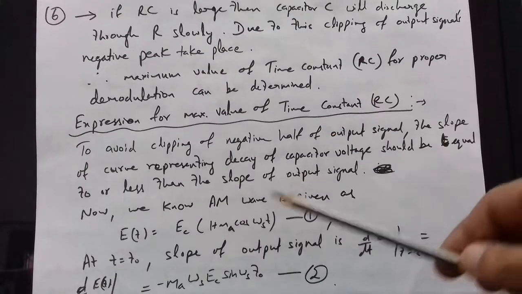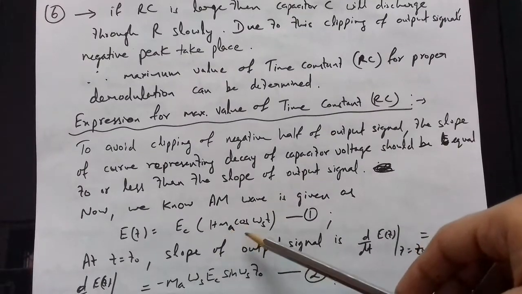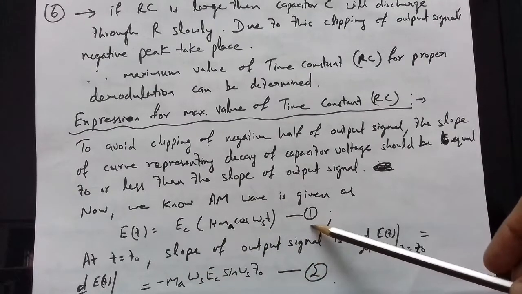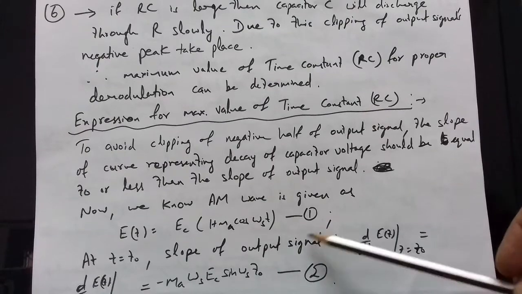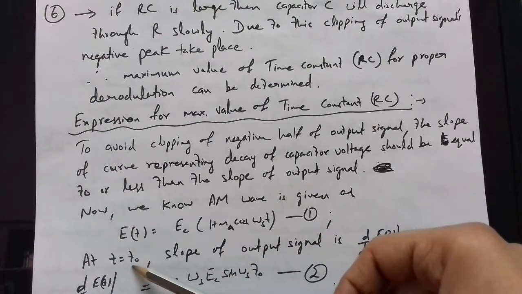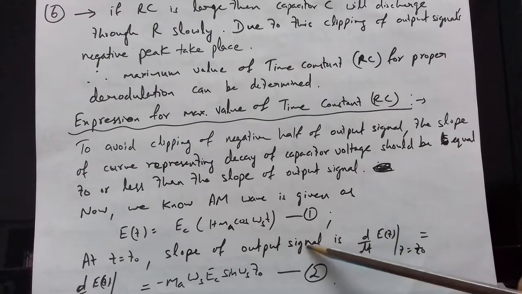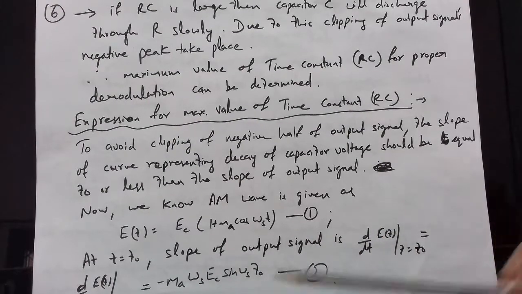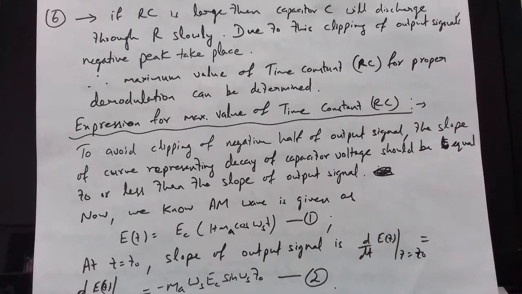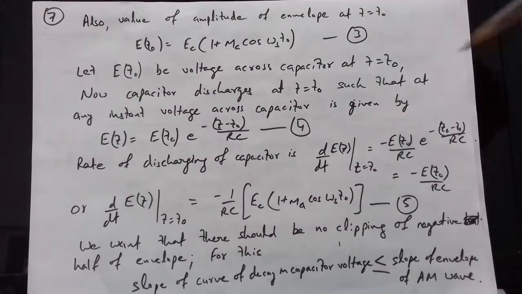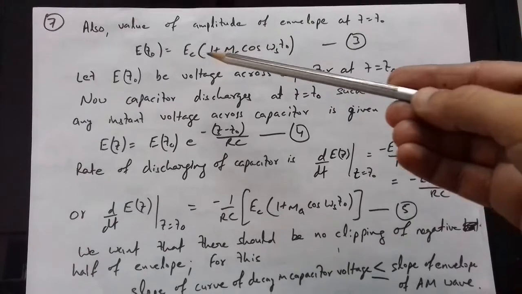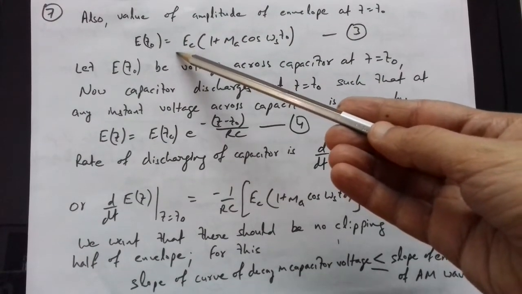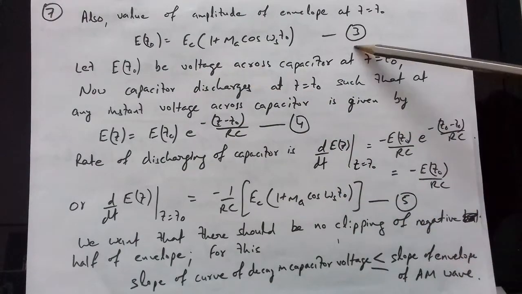So this is the expression of the AM wave which you have already learned in our previous lectures. At that particular time t equal to t naught, the slope of the output signal is given by this first derivative. You can easily find this. So this is all mathematical. Now this is the value of the AM voltage at time t naught given by equation 3.